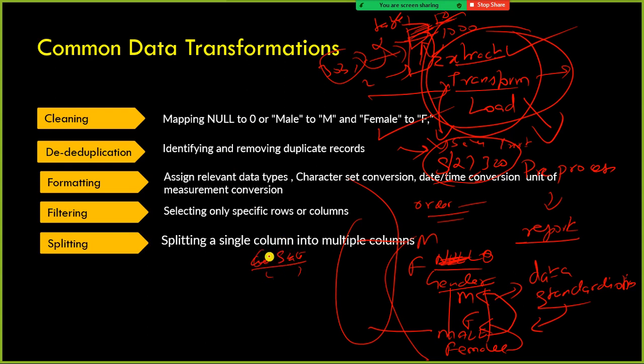Let's say my column name is country, but if I look at the values in this column, you can see the country and state, both values stored in a single column. That's how I got the data from my application owner. He says this is the best he can do, and if I want to clean it, I can clean it. So in that case, you need to split these values and store them in two different columns. The country value should be stored in a country column, and the state value should be stored in a state column.